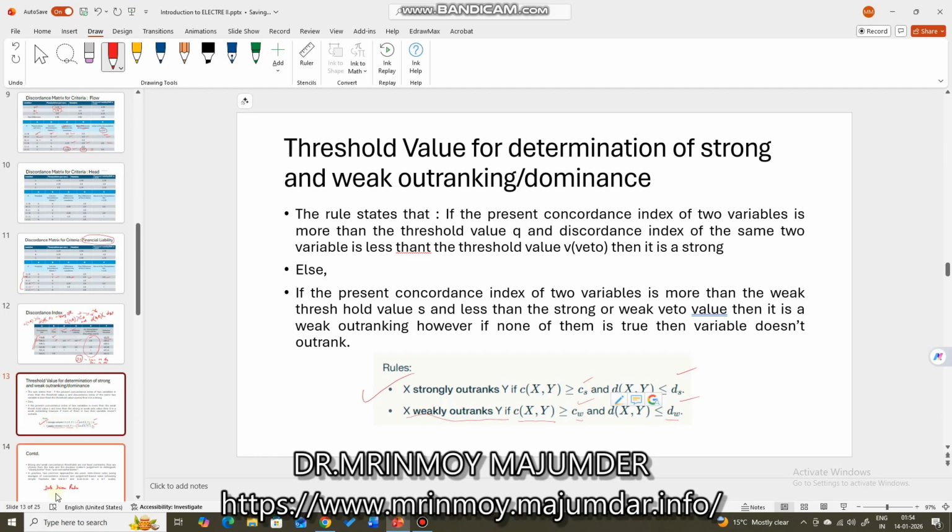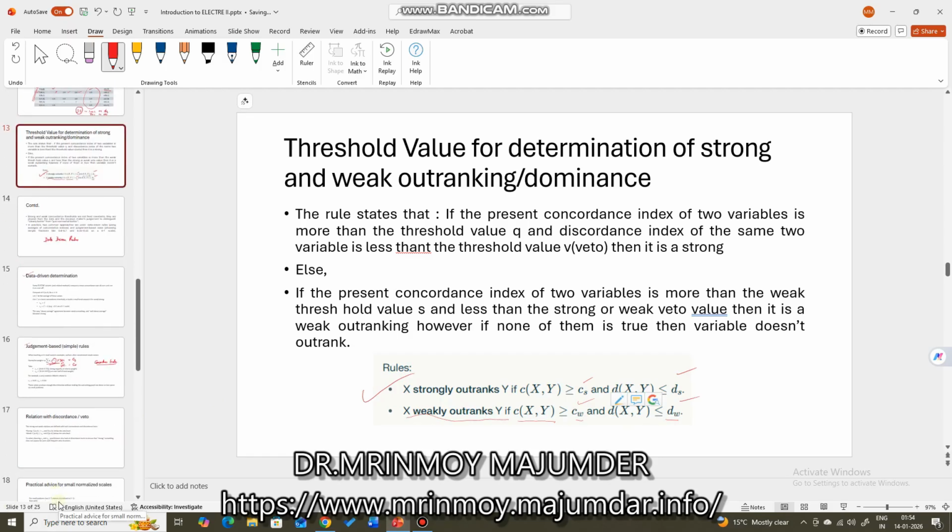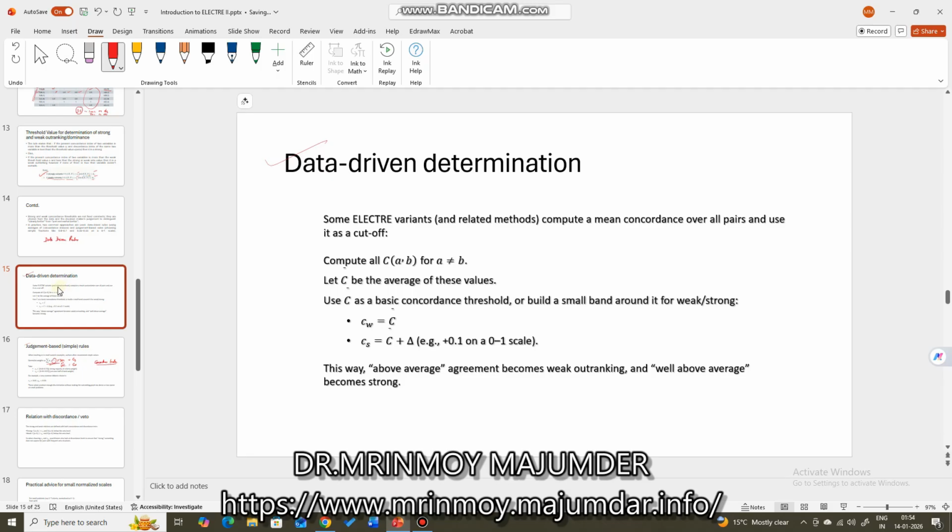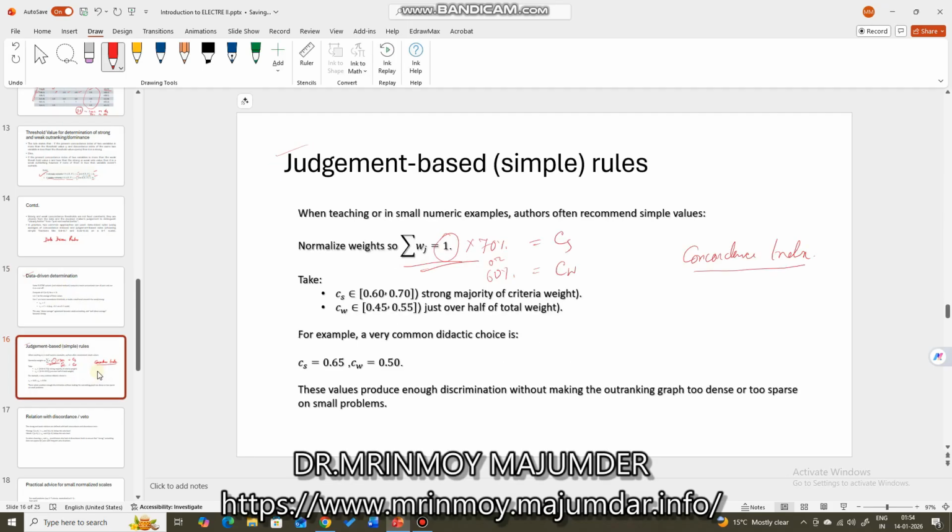Now, I have already discussed how the strong and weak concordance and discordance threshold values are calculated. There are two methods: one is data driven, and the other is judgment based. In the data driven case, we average all the concordance index values for all the comparisons and then add a fraction to it to determine the strong concordance threshold value, and the average becomes the weak concordance threshold value.